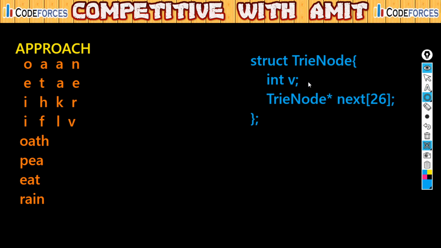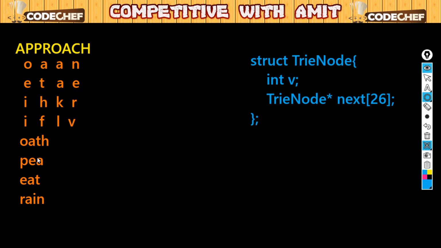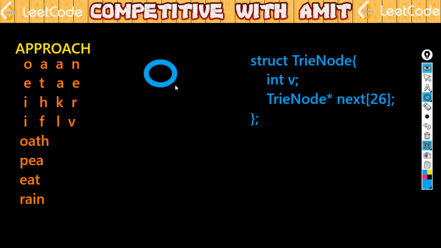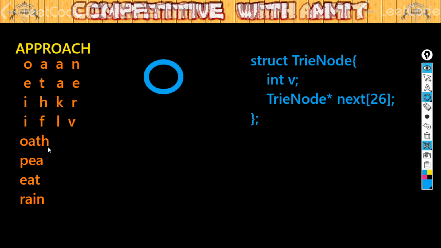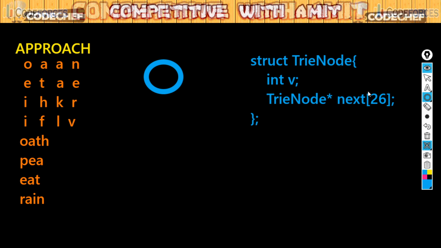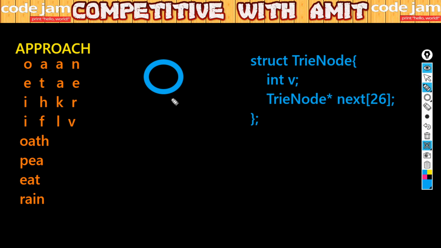First of all, as soon as we enter the loop and start iterating over the values, we will look at how we will insert all the values in the Trie data structure. First of all, this root will be initialized. So root will be empty initially, so it will have 26 children as next. How will it point?